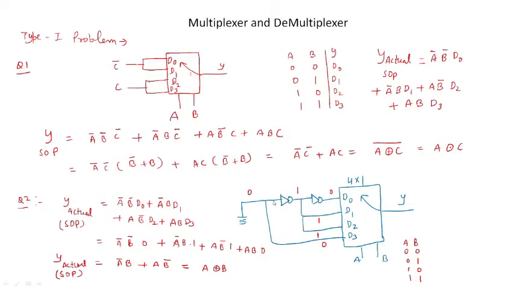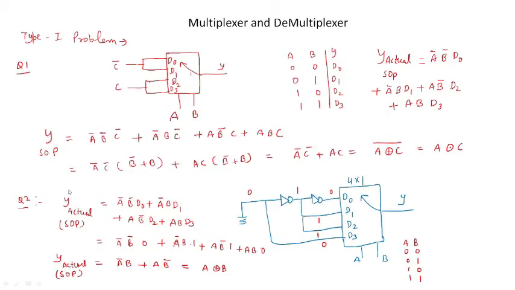If 0 is the input for this NOT gate, then the output will be 1. So this output goes to D1 and D2, and there is again a NOT gate. So this one will be converted into 0, which corresponds to the D0 input line.